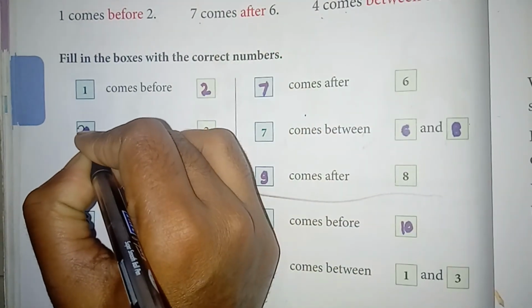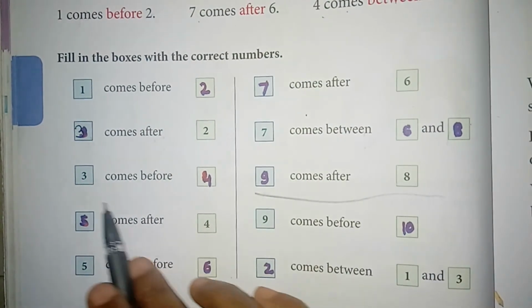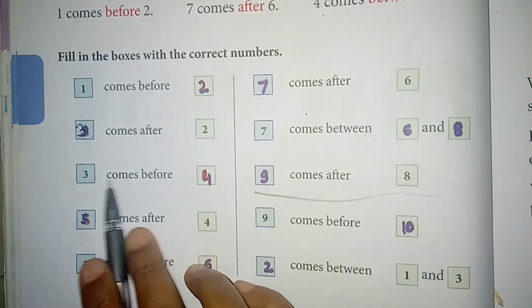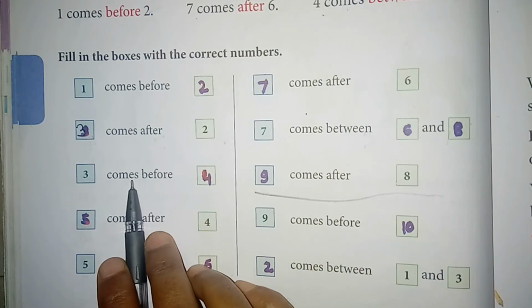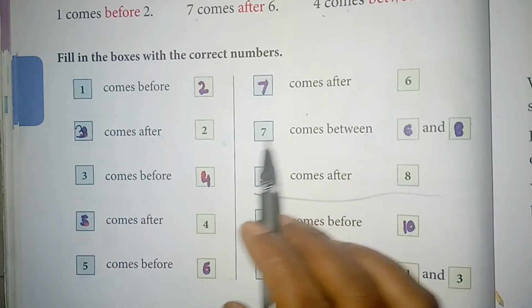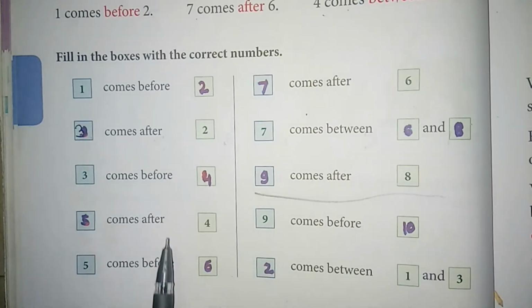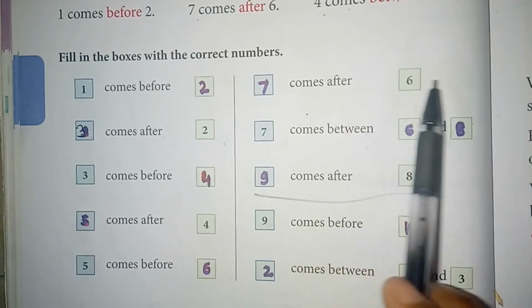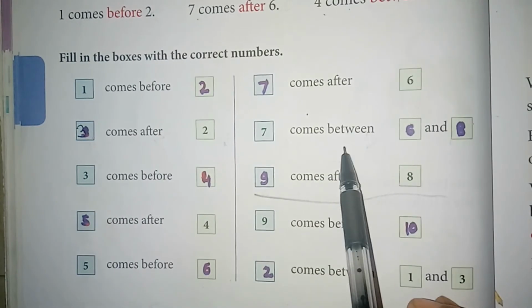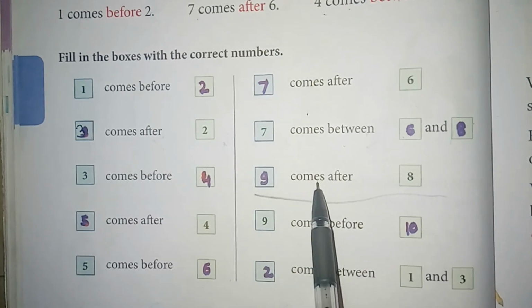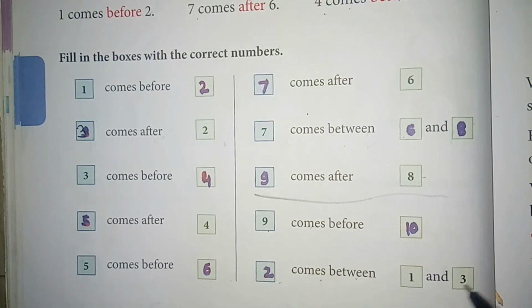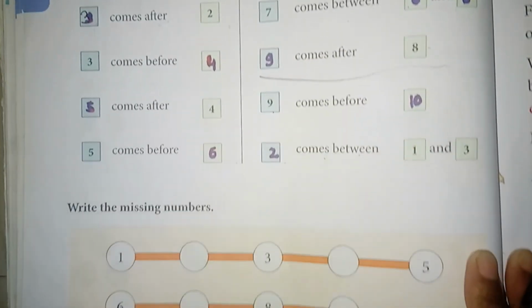Here you have to write 3. 3 comes before 4. 5 comes after 4. 5 comes before 6. 7 comes after 6. 7 comes between 6 and 8. 9 comes after 8. 9 comes before 10. 2 comes between 1 and 3. Here I have done this for you.